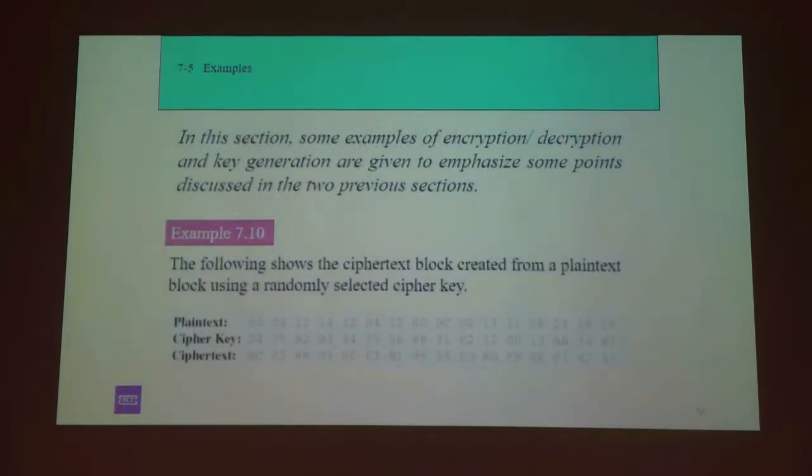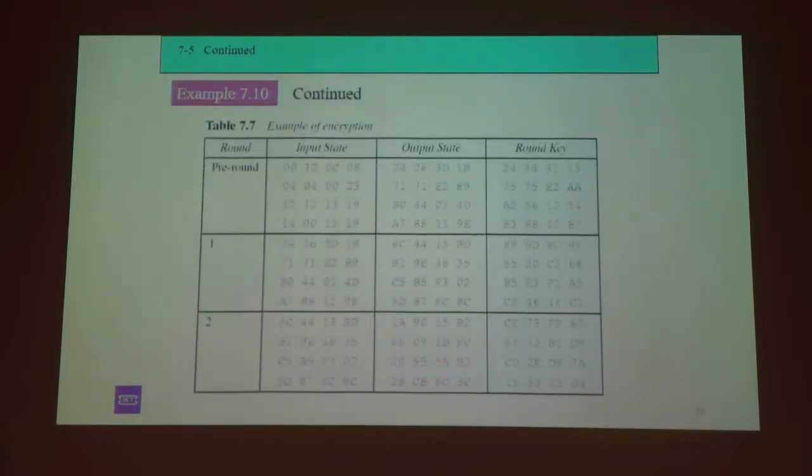So real examples in this section. The following shows the cipher text block created from a plain text. So look at the first plain text, and you have the key, and you have the ciphertext. Completely different. And here you see the example of how things keep changing.